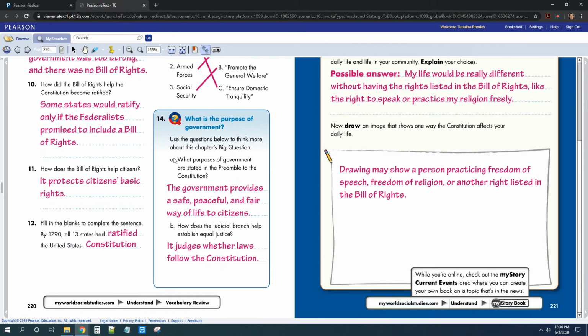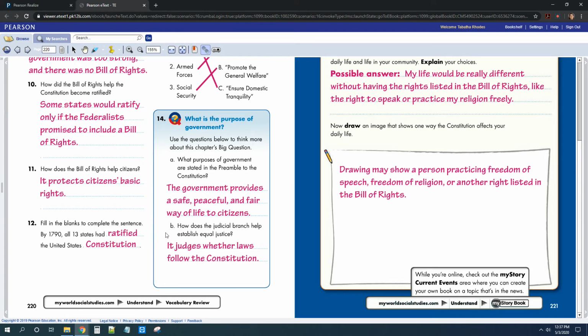All right, number 14, this is our big question of the chapter. What's the purpose of government? Why do we have a government? So A, what purposes of government are stated in the preamble? So that kind of ties back into this. It means that the government's going to give us all these different things. It's going to keep us safe. It's going to keep the peace. It's going to help us to live a fair life.